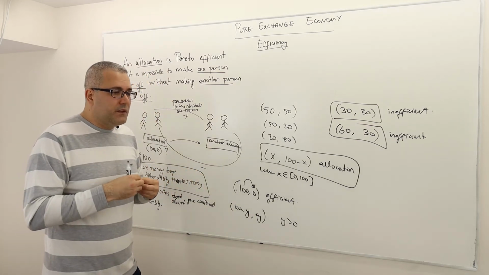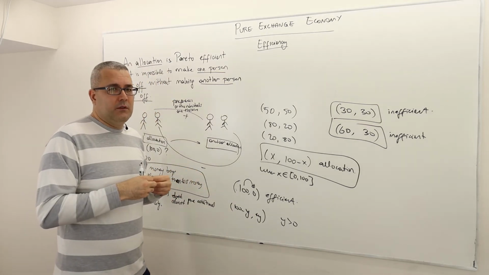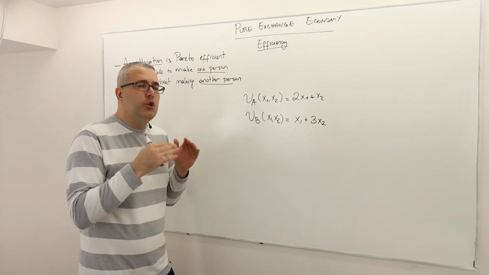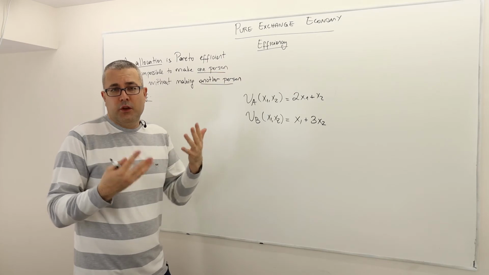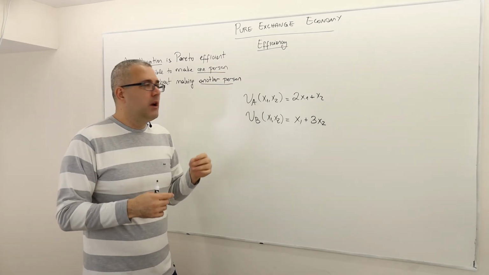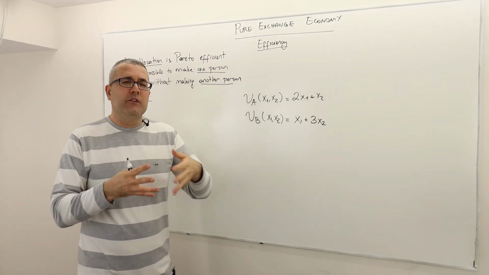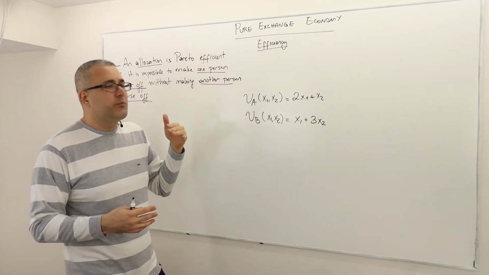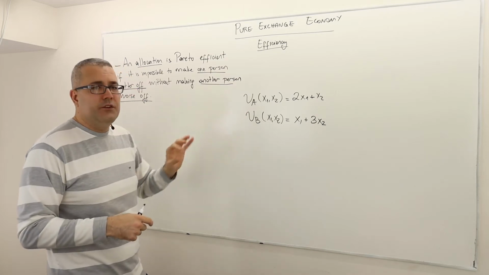So let's consider one example. Now I give you the utility functions, so that we know how Anita and Bob are going to compare the bundles, the allocations. So these are the preferences of these two guys.